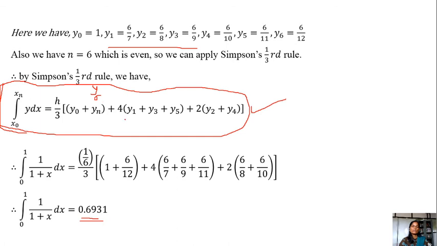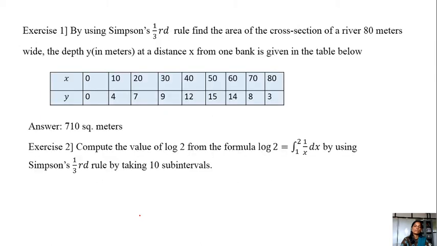If this formula is correct, then nothing to do, just simplify by using your scientific calculator, and you will get the answer 0.6931. So this is the example based on Simpson's one-third rule.